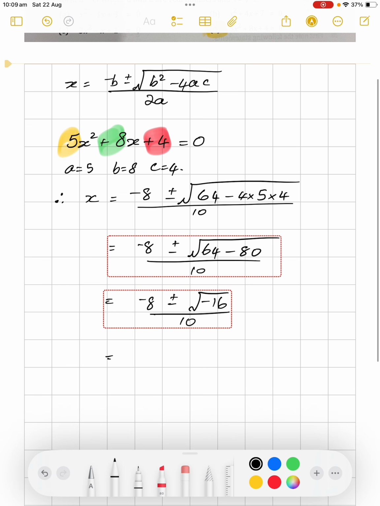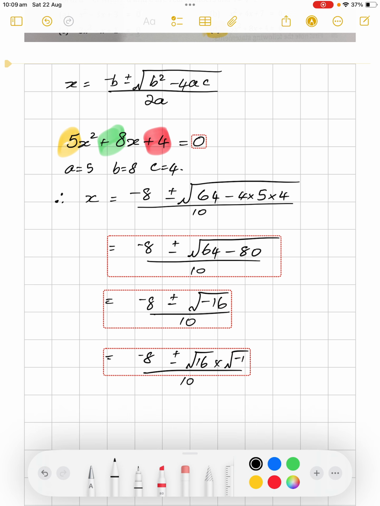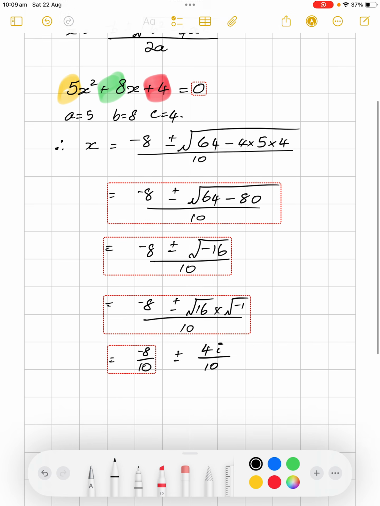And we can change the square root of negative 16 into root 16 times root negative 1. So putting them both over 10, negative 8 over 10 plus or minus 4i over 10.